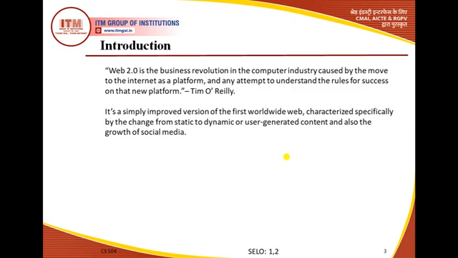Numerous applications we will study to understand how this version of the web technology became an improved version over the Web 1.0 technology. So one thing to remember is that it is characterized specifically by the change from the static to the dynamic, and also the user generated content, and also the growth of social media defines this particular Web 2.0.